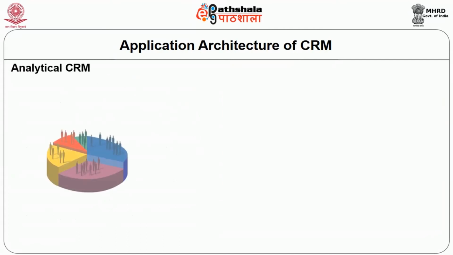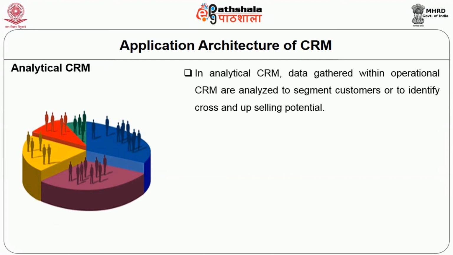Now we will look into what analytical CRM is. In analytical CRM, the data gathered with the operational CRM are analyzed to segment the different types of customers, that is, to identify cross-selling and upselling potential of the hotel property.